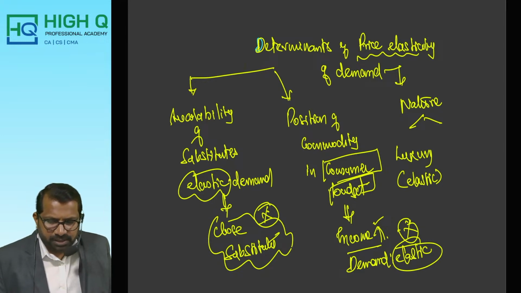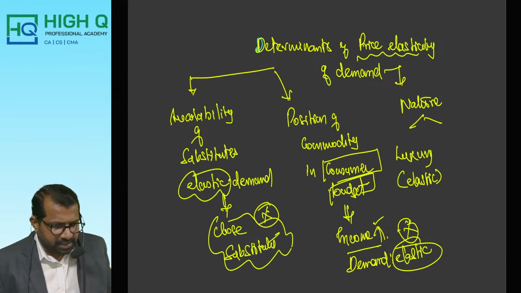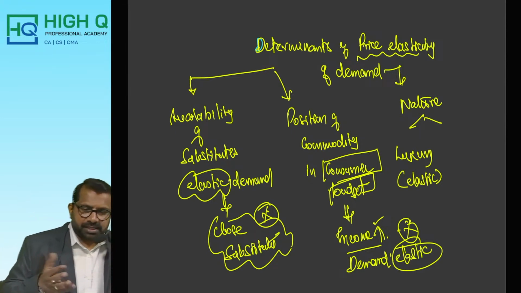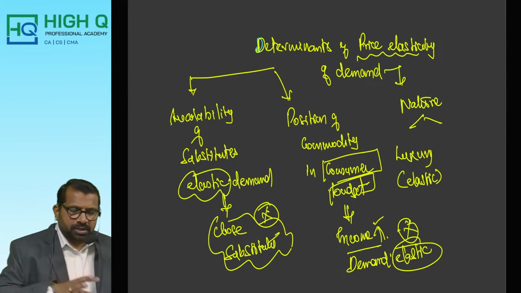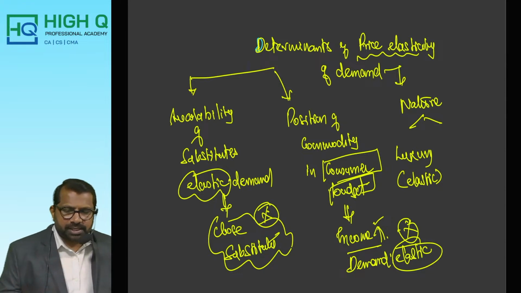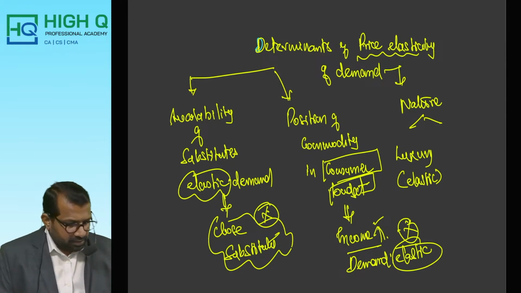Inelastic demand means the quantity stays the same even when the price changes. In yesterday's class I told you the difference between elastic and inelastic demand. So for luxury goods, even when the price is higher, there will be changes in the demand.